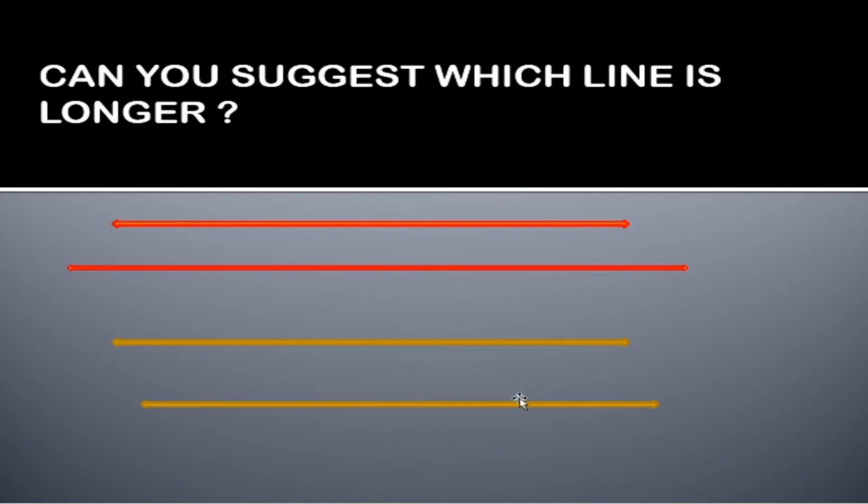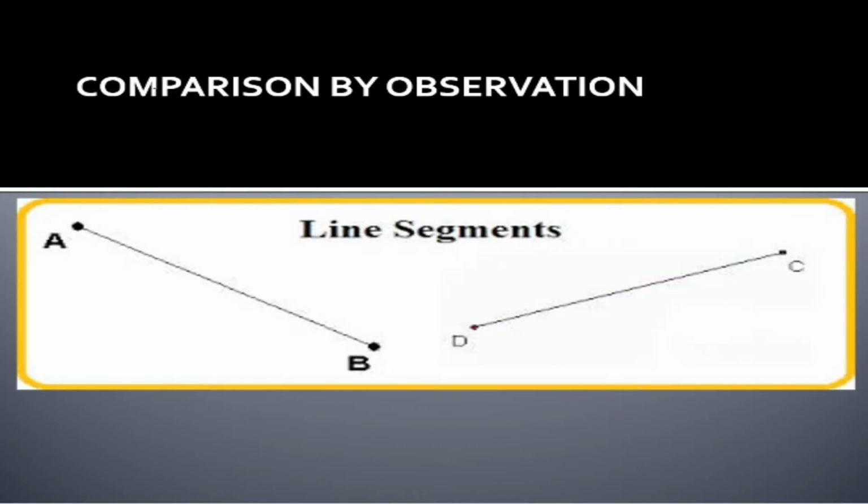But what about the second case? Here you see the yellow color lines. It is difficult to tell which line is longer. This method of comparing was comparison by observation, where we simply observe the two line segments and can tell which line segment or line is greater.